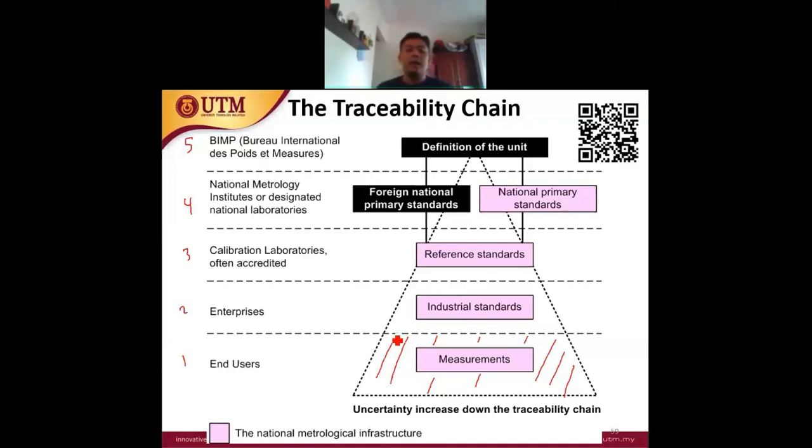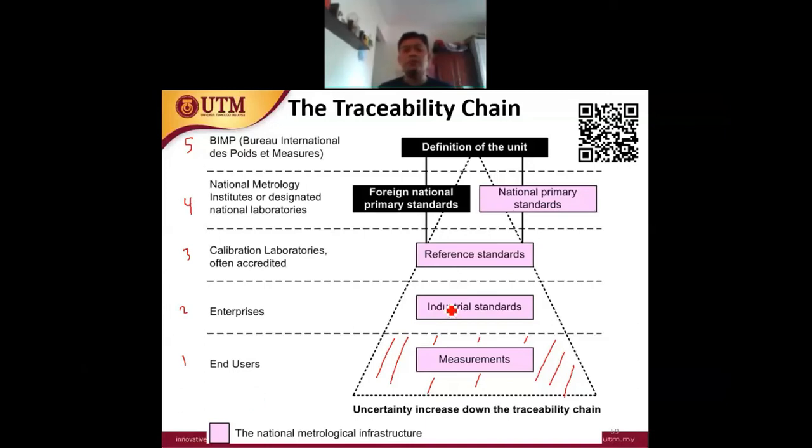Let's take for example a thermometer that is used to measure the human body temperature. Nowadays they have the infrared temperature measurement device that we have to go through every time we want to enter certain premises like the shopping mall.